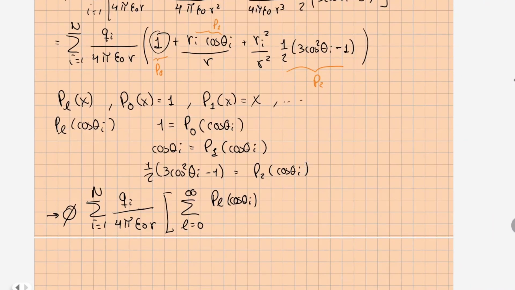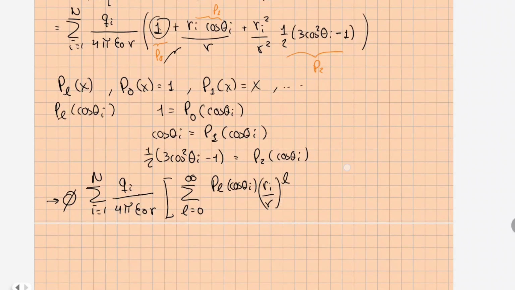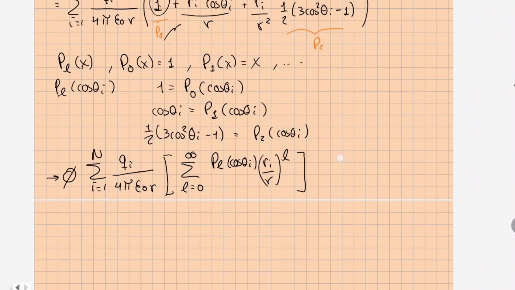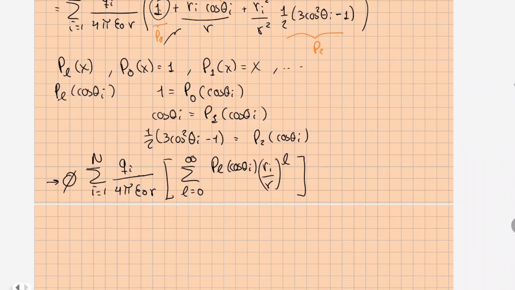Recall that we have an r_i over r here that will be raised to the L power. For the first term, L is equal to 0, so we get 1. In this case, L is equal to 1, so we get r_i to the 1 power over r to the 1 power, and then here we have r_i to the second power over r to the second power. So this sum matches with what we are looking for.